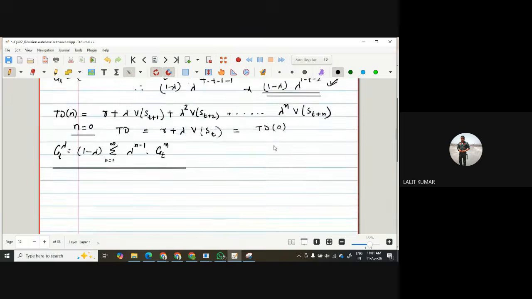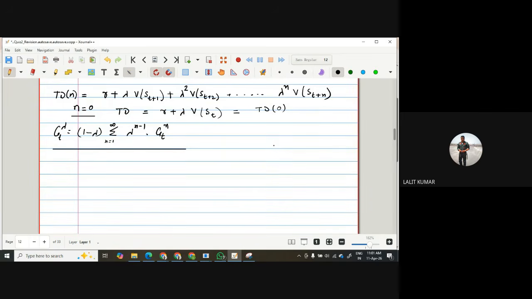So if you take a case where you have S1, S2, S3, and then you terminate, with R1, R2, R3 and actions A1, A2, A3, how will you calculate this? Can anybody answer this?